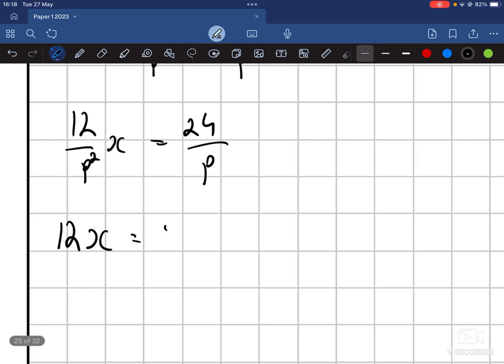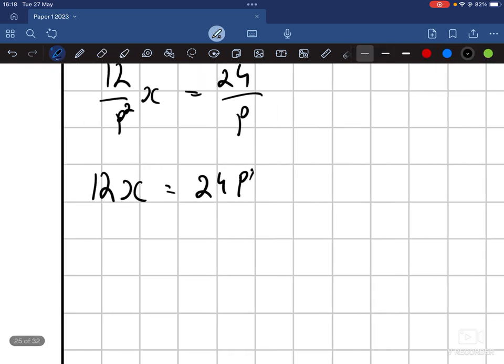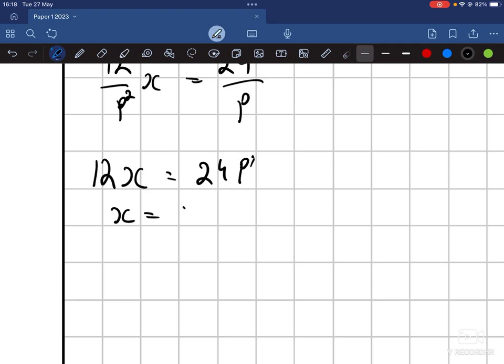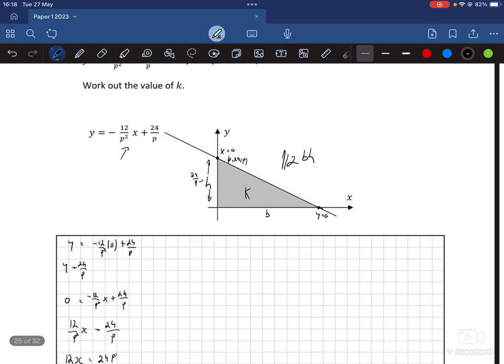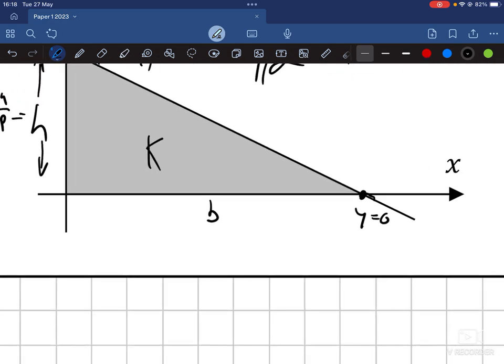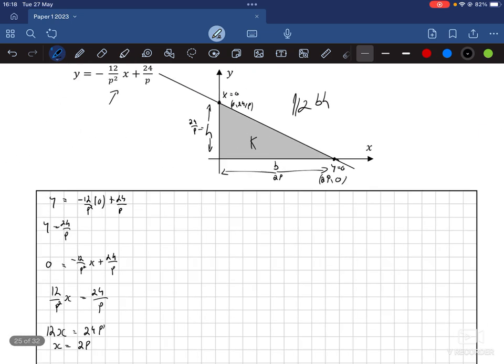So we get 12x is equal to 24p squared over p. This p cancels with the squared, so that's just going to give us 24p. Then we divide by 12, and we get x is equal to 2p. 24 divided by 12 is 2. Okay, so this point here is 2p, 0, which means the base length is 2p.